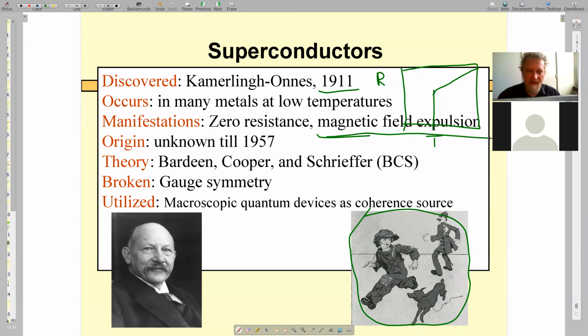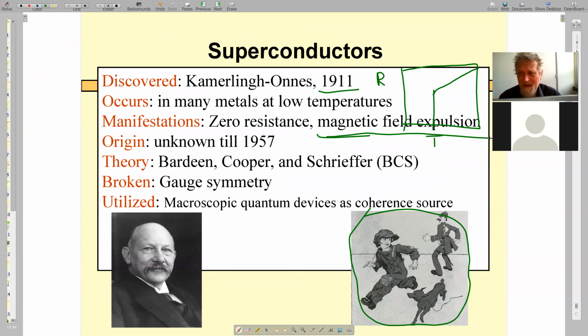It's the same effect. Right. And for almost 50 years the origin of superconductivity had not been identified, right? And it's not because science was not active then.